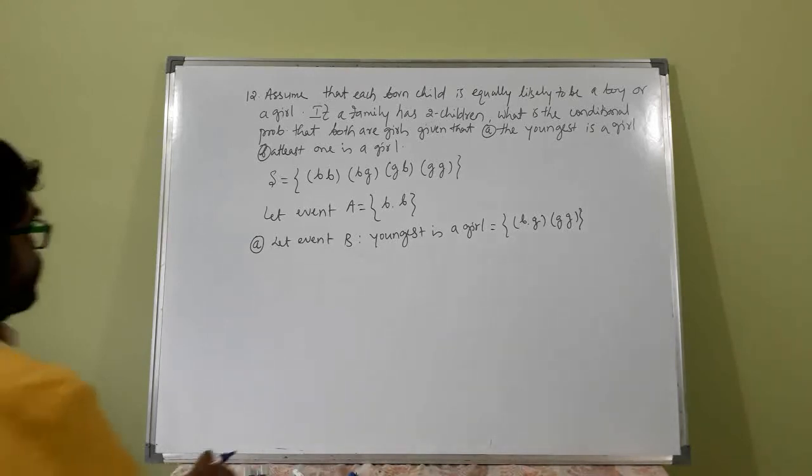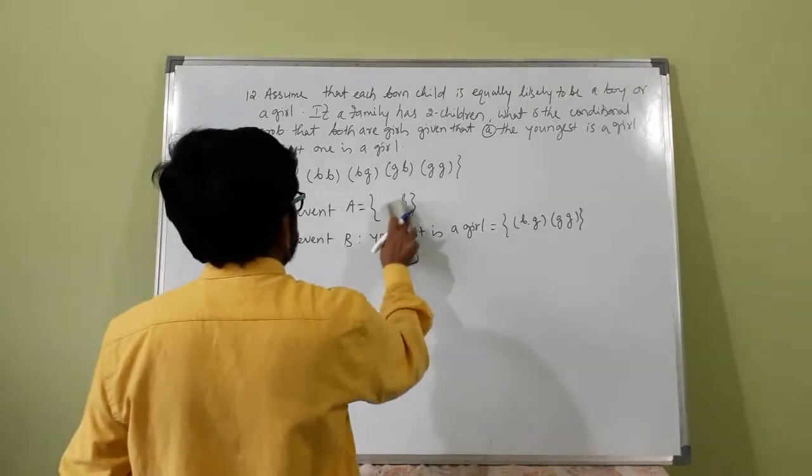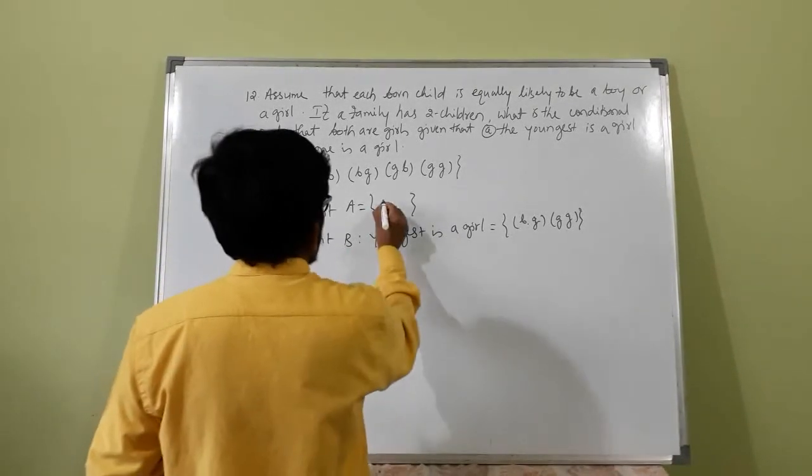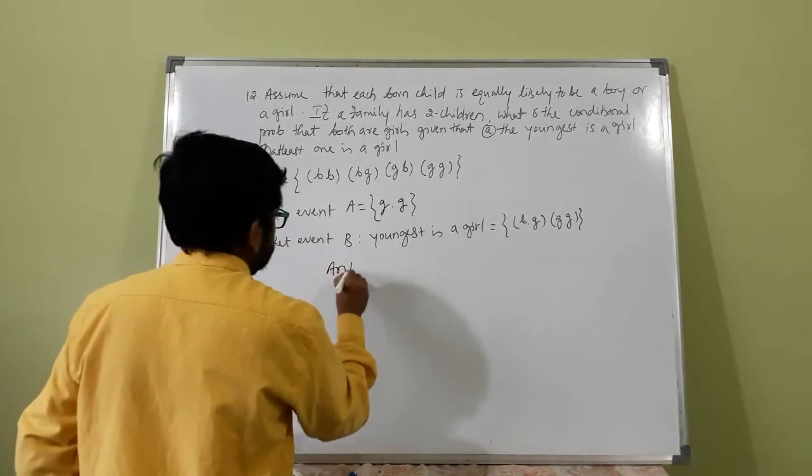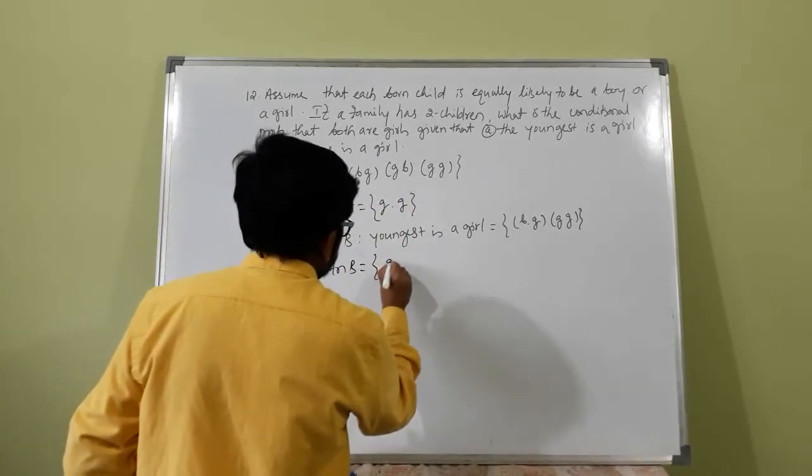Event A is both girls, not boys. Okay. So A intersection B is GG.